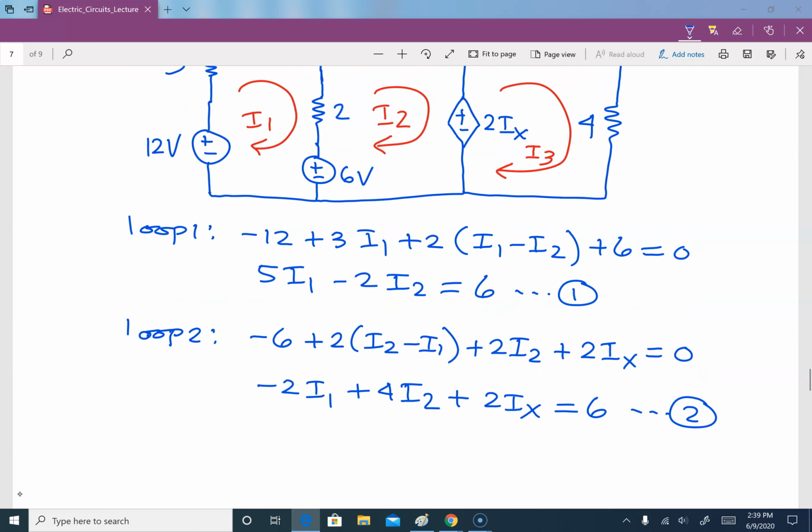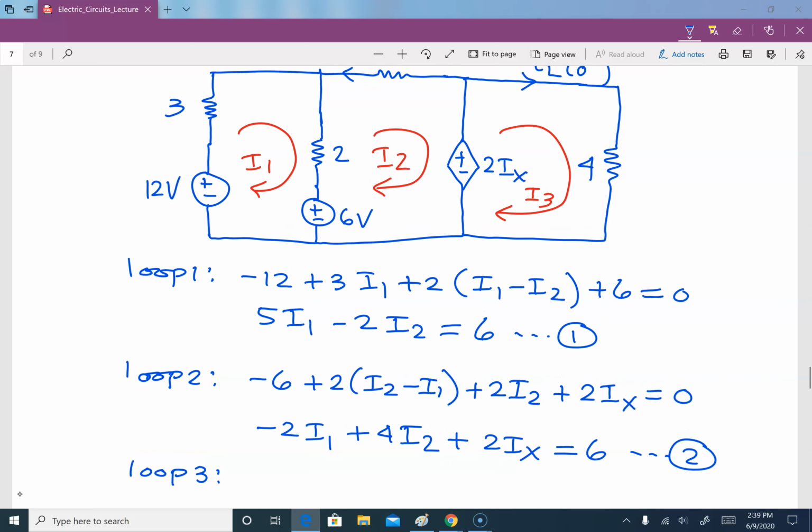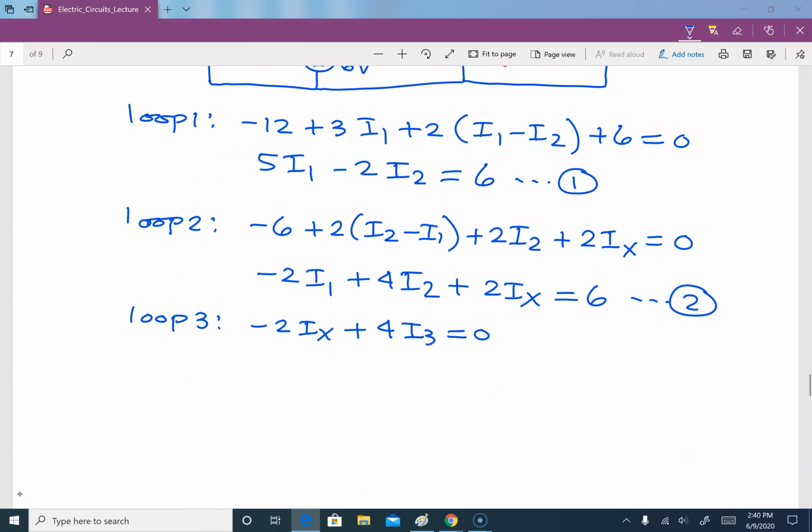So now we need loop 3. For loop 3, it is minus 2Ix plus 4I3, that is equal to 0. So from that we can write it down: 4I3 minus 2Ix is equal to 0.